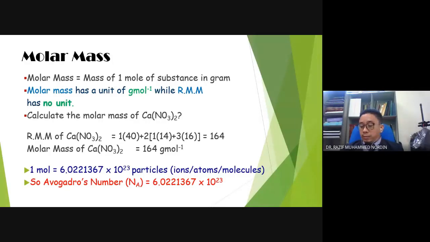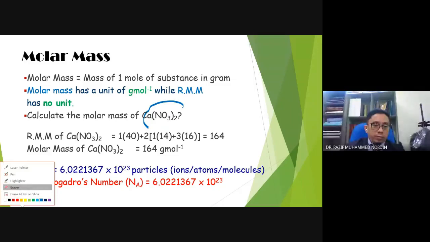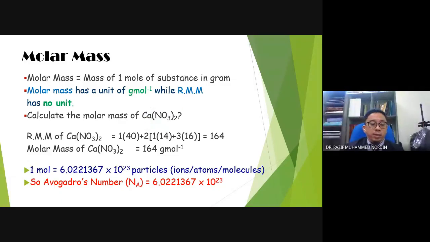So when you calculate calcium nitrate, bila dihitung calcium nitrate, yang ni konsep yang sama juga. Perbezaan dia di sini you kena tengok trik dia di sini.